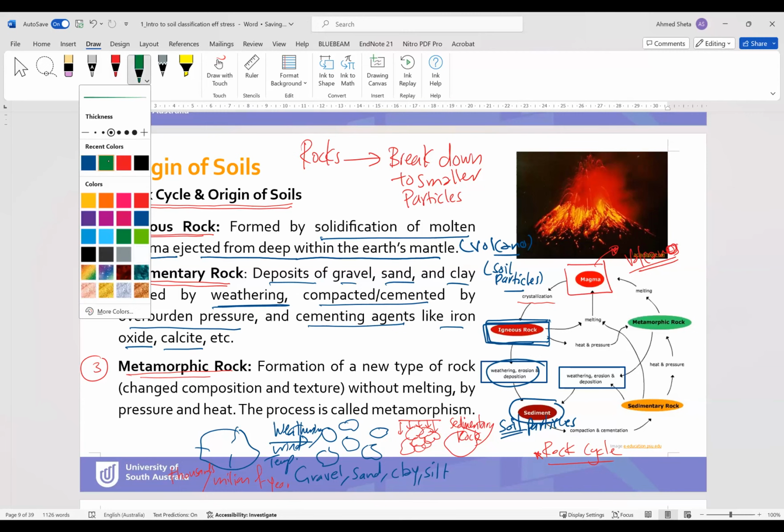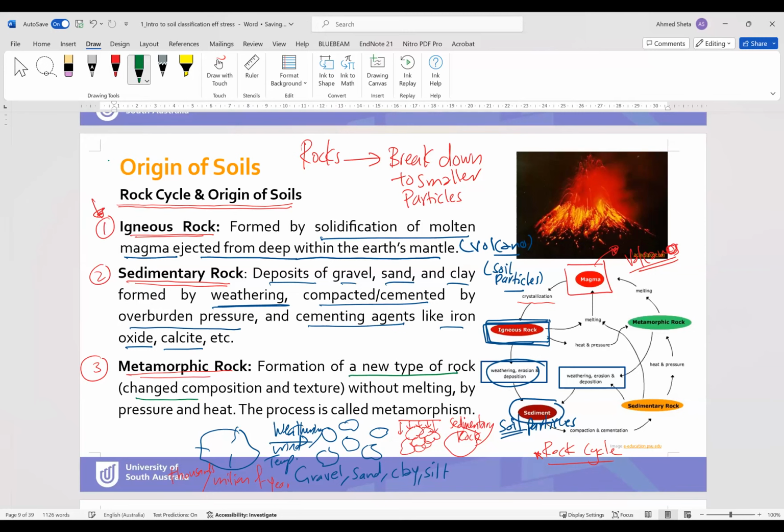The third type of rocks we have is metamorphic rock, which is a new type of rock with changed composition and texture, formed without melting, by pressure and heat. This means we have the original rock, and under weathering conditions and high pressure, without melting, they accumulate again and become one rock.